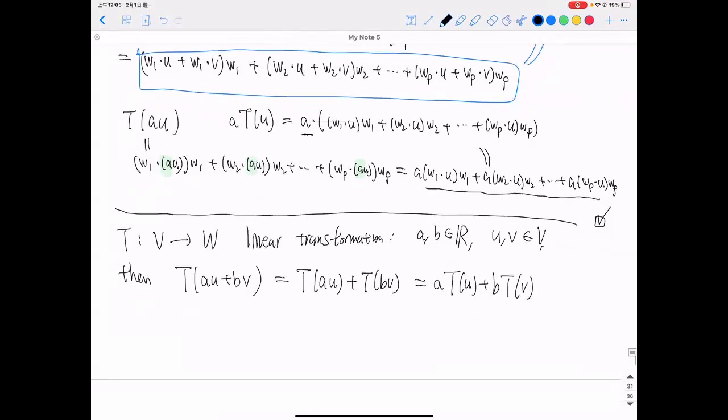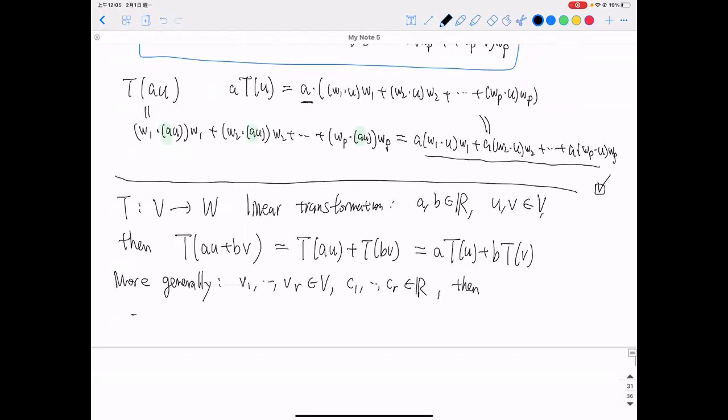Now, more generally, if you have V1 through VR in V, and C1 through CR in R, then you can consider T of C1 V1 plus C2 V2 plus up to CR VR, right?